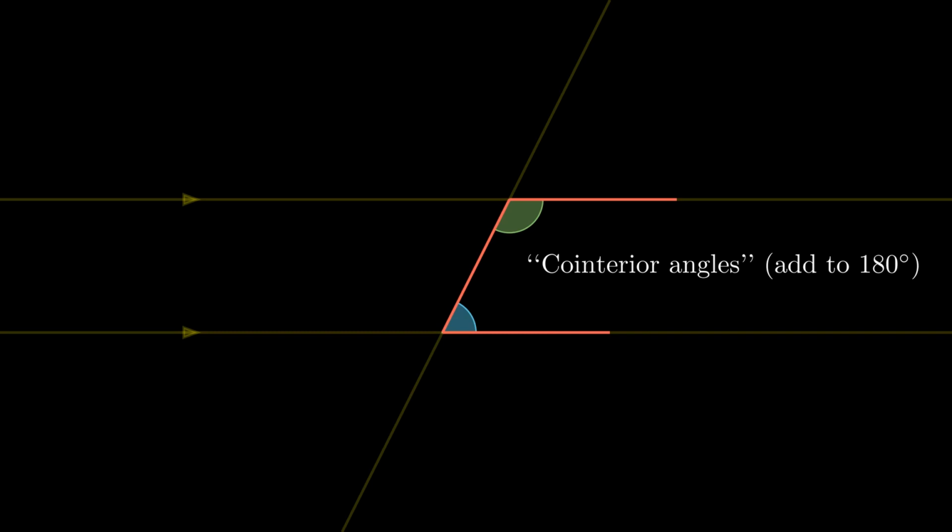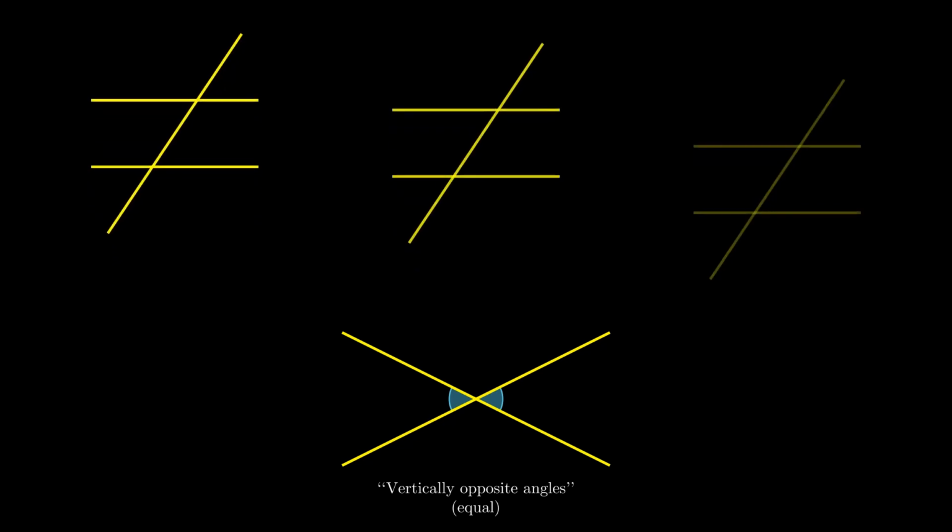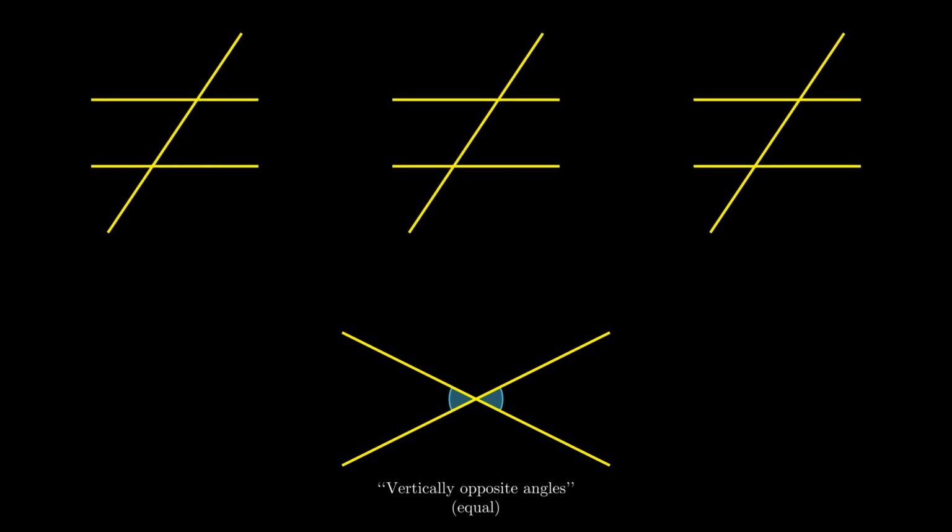Okay, so to sum up, we've seen a few patterns that are quite useful to know. First was when you cross two lines, the angles across from each other are equal, and we call them vertically opposite angles. Then we had three patterns involving parallel lines and a third line cutting through them. First one from the left, when you take an angle like that and slide him between parallel lines, he doesn't change. We call that corresponding angles.